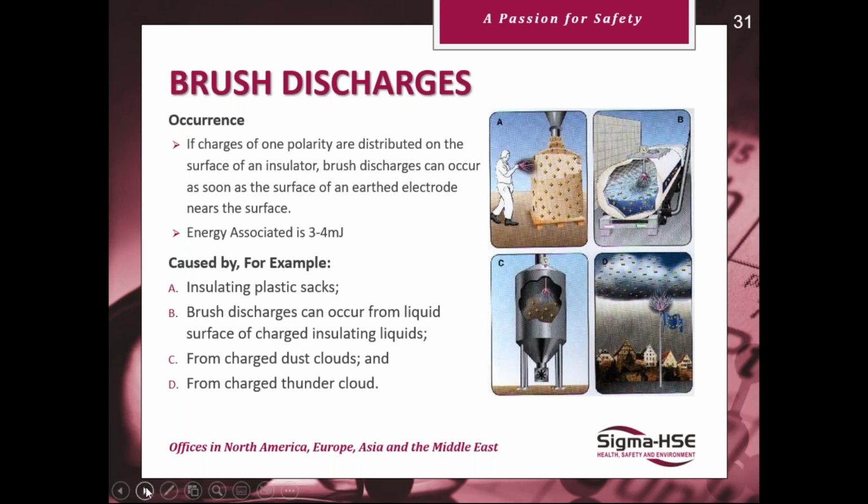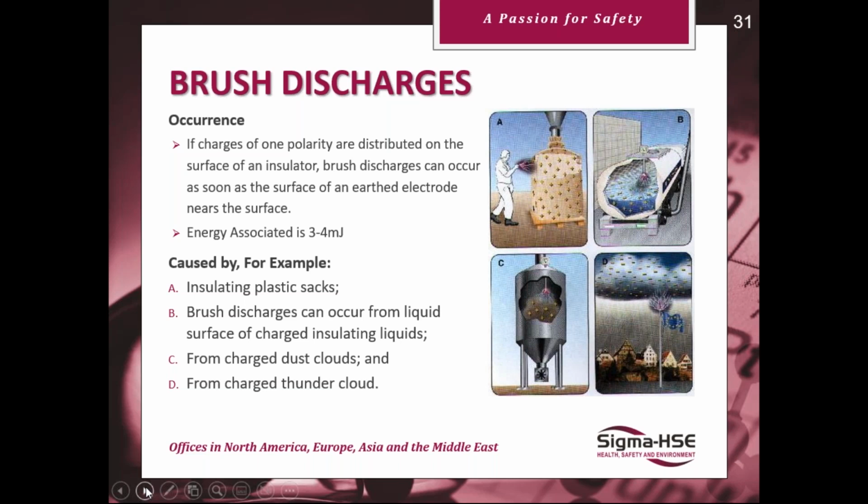Brush discharges come off of insulators, and these can occur in many ways. If charges of one polarity are distributed on the surface of an insulator, brush discharges can occur as soon as the surface of an earthed electrode nears the surface of the insulator. Energy is fairly low, 3 to 4 millijoules. And you can see here, insulated plastic sacks.